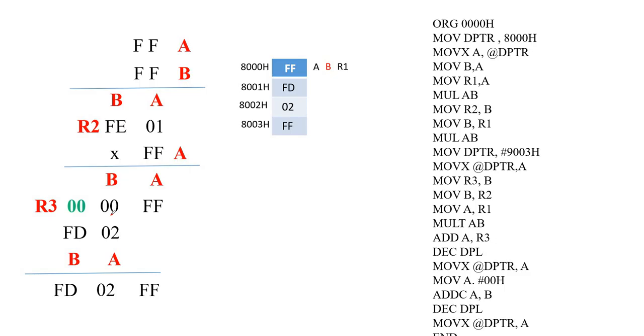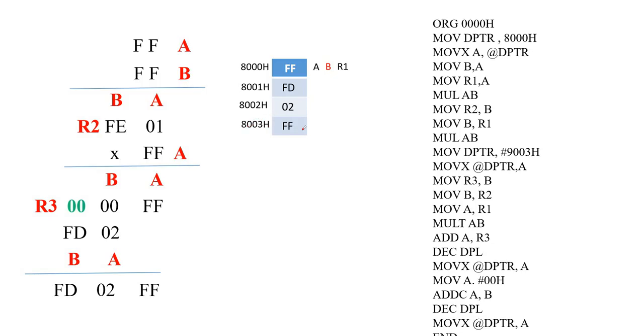Okay. Now here, this FF, the lower byte of this, doesn't need any further calculation or processing here. So we will store this in the memory location. We'll store FF at 8003 location.